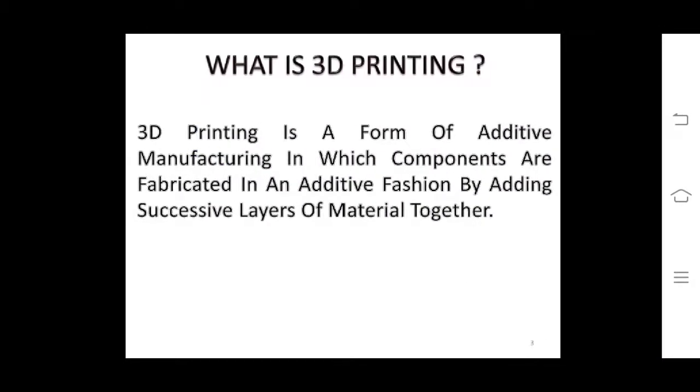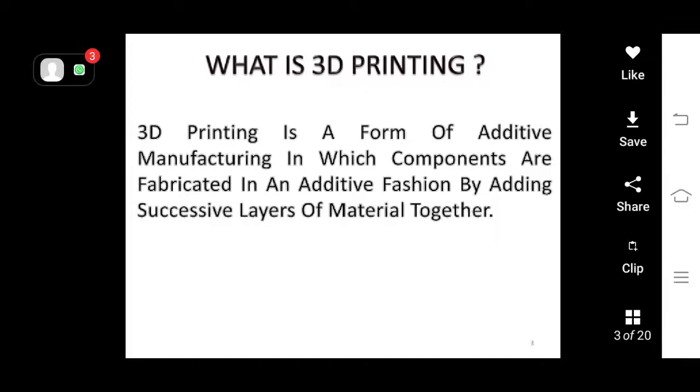What is 3D printing? As the name itself suggests, it is printing done in three dimensions, which means it is done in X, Y, and Z axis. 3D printing is a form of additive manufacturing in which components are fabricated in an additive fashion by adding successive layers of material together.